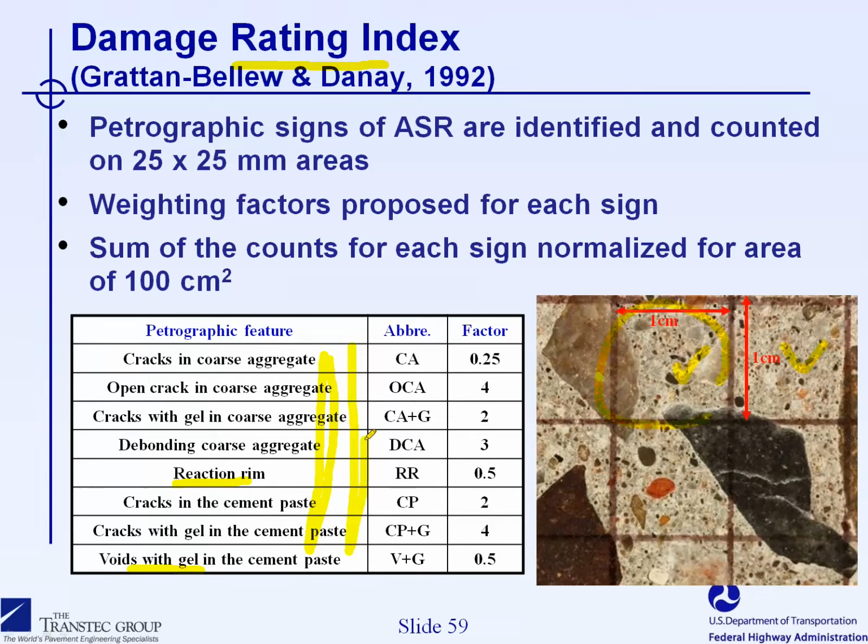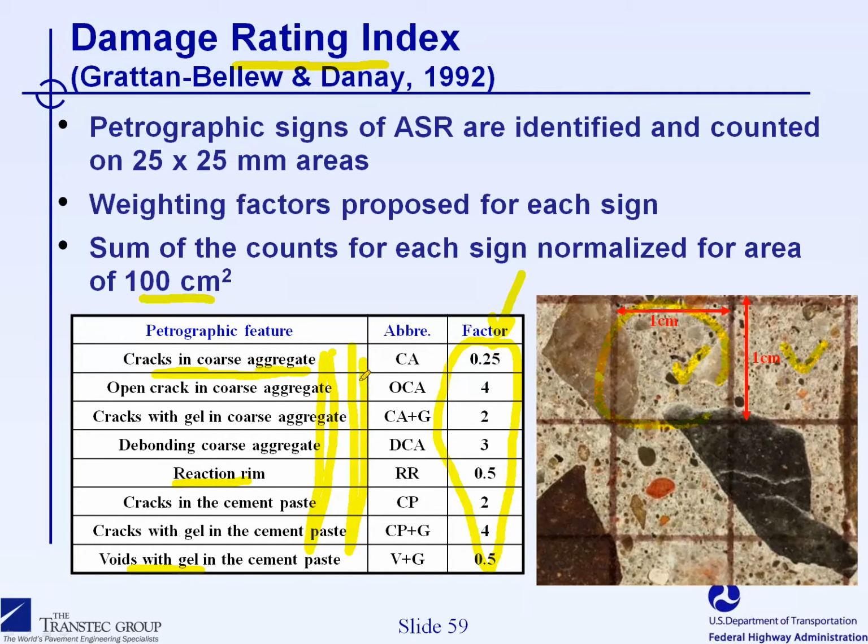All those squares are examined in order to determine the presence of those features, and then the counts of each of those features over a 100 centimeter square section are multiplied by a number of weighing factors that have been proposed in order to determine the relative importance of those different features.